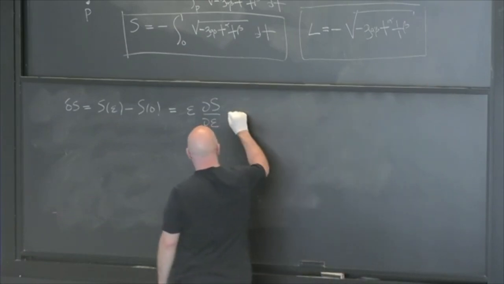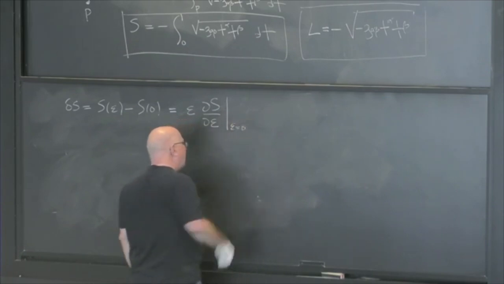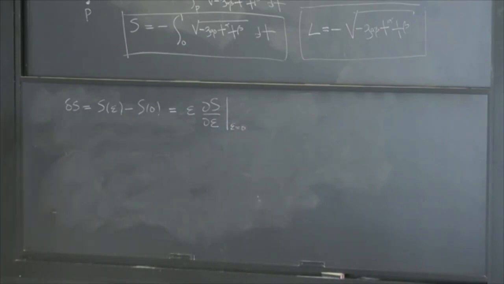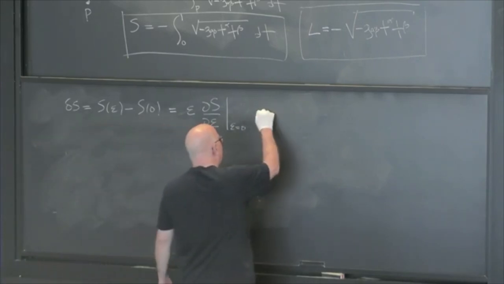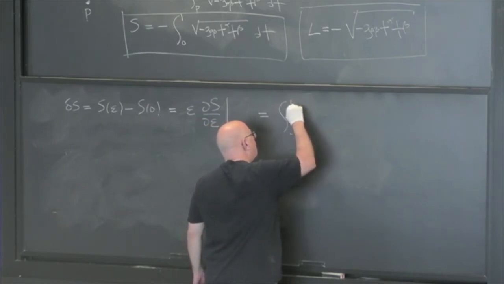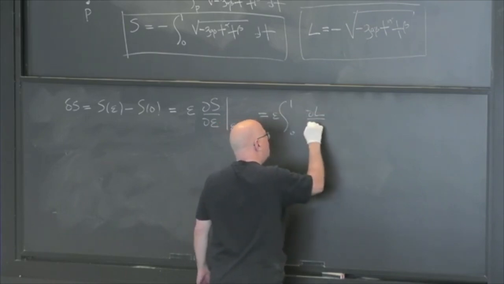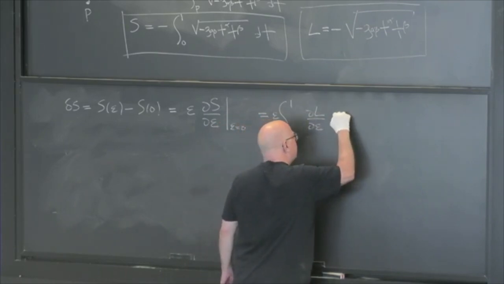So what does it mean to take an epsilon derivative? I take this epsilon derivative, and then I evaluate the derivative at epsilon equal to 0. And what does it mean? Well, it means that what we're going to do is take an epsilon derivative of the Lagrangian.